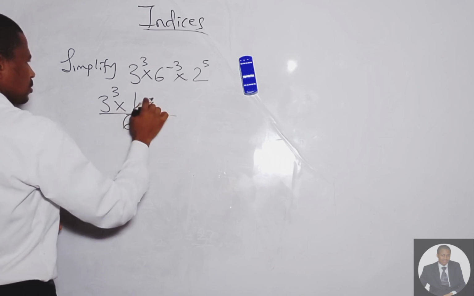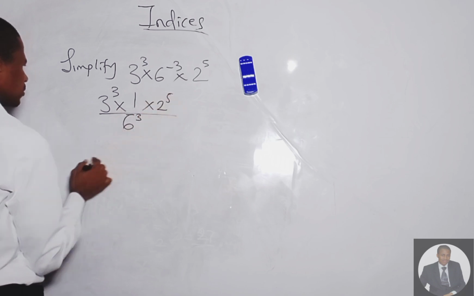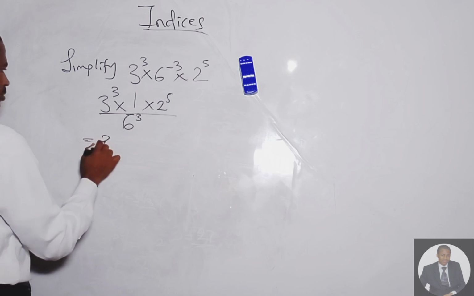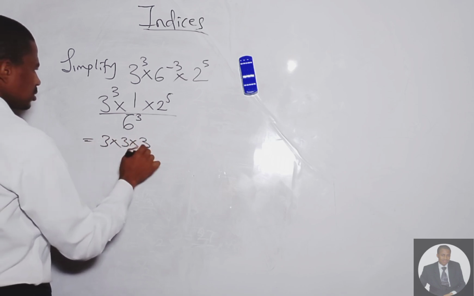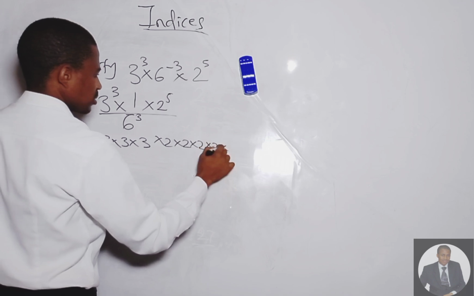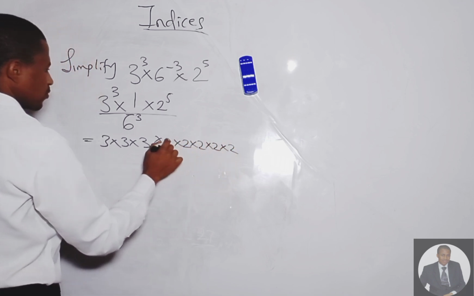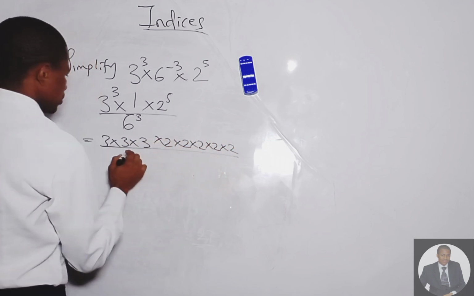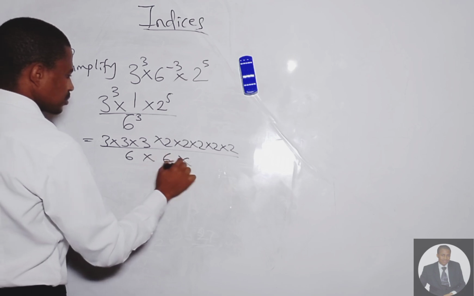Then 2 raised to the power 5. That is 3 times 3 times 3 times 2 times 2 times 2 times 2 times 2, that's 5 twos, over 6 times 6 times 6.